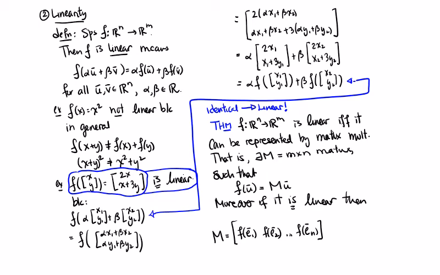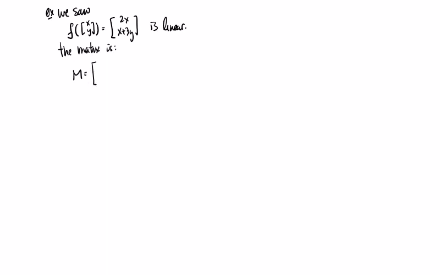So, for example, I'll clear the screen and re-mention our linear example, and then we'll write down the matrix for it. We saw that this function is linear, and so we can construct the matrix for it. I'll do f of (1, 0) and f of (0, 1) and jam those together in a matrix.